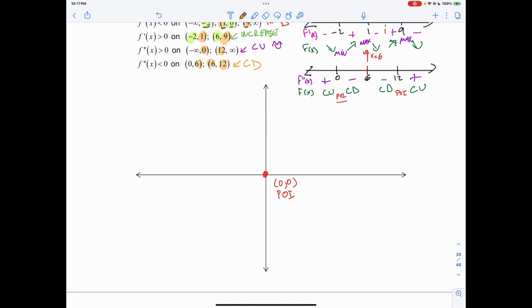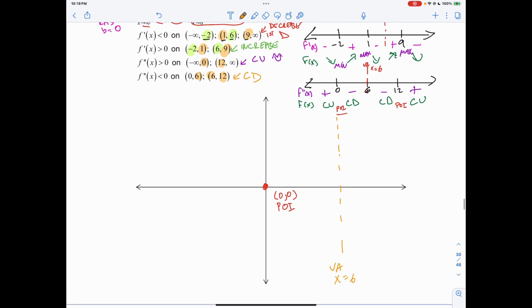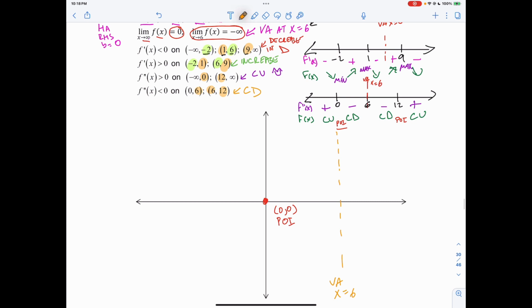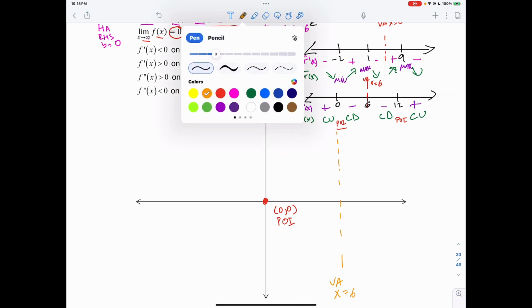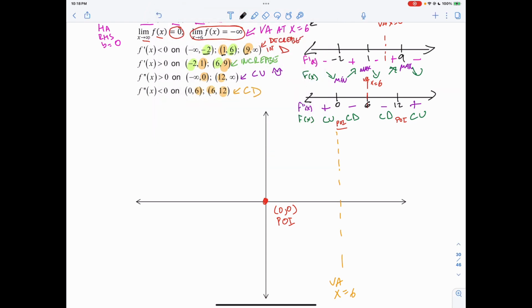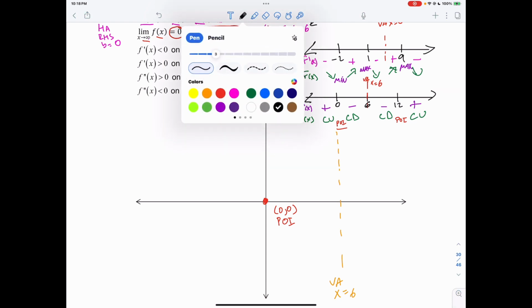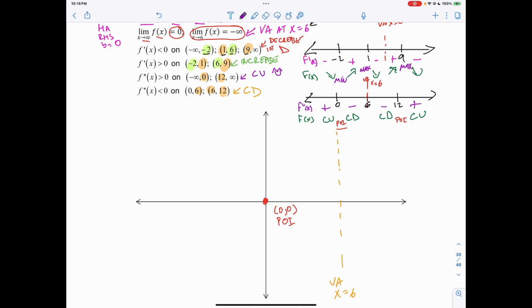We're going to have a vertical asymptote at x is equal to 6. We're going to have a minimum at -2.